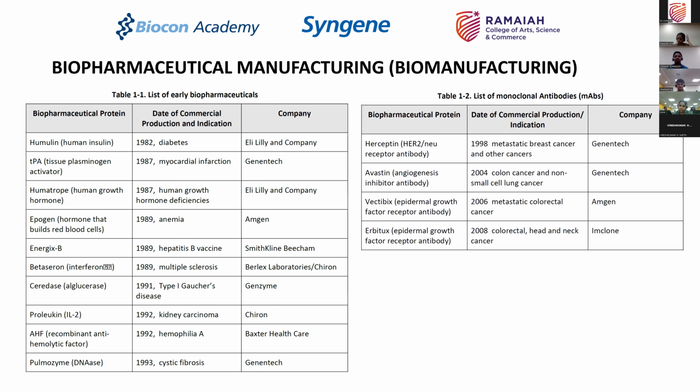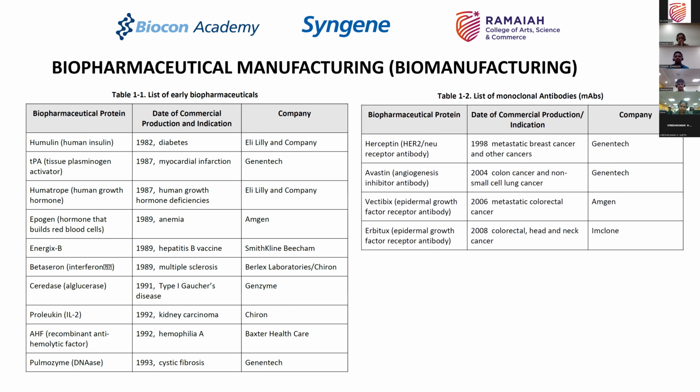So, human insulin for diabetes care, TPA or tissue plasminogen activator for myocardial infarction, Genentech was the originator. Human growth hormone, which is meant for deficiencies in human beings, Eli Lilly and Company. Epogen, a hormone that builds red blood cells for anemia, was built by Amgen. Engerix, hepatitis B vaccine, built by SmithKline Beecham.